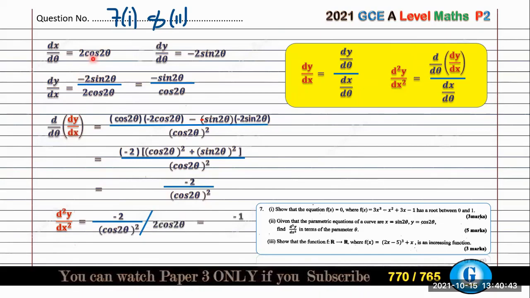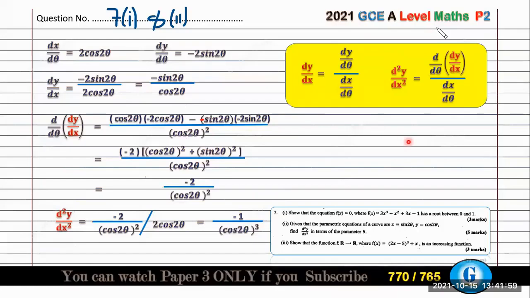And that will give us minus 1 on cos 2 theta to the power 3. So this is the value that we have for this first method. Let us look for another method that we can use to do the same thing.